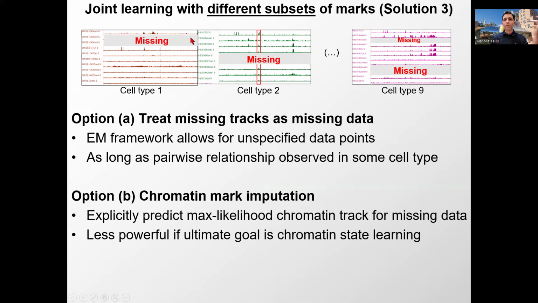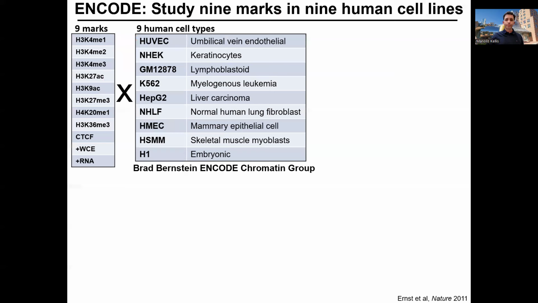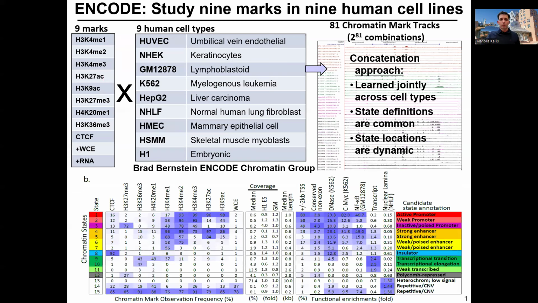And this can be very powerful if you have this giant matrix of experiments from some very rare samples, and one of your experiments failed, and you have no sample left to repeat it. So you have to do something, either eliminate that mark from all of the cell types, or try to figure out what that mark would look like if you did imputation. Everybody with me here? Okay, awesome.